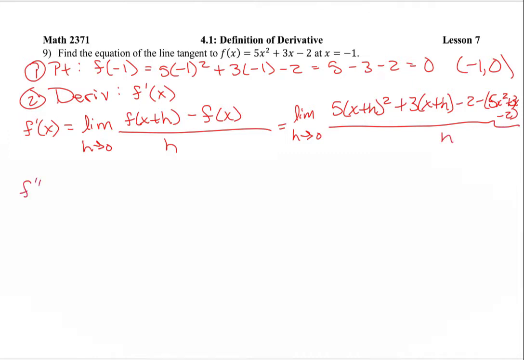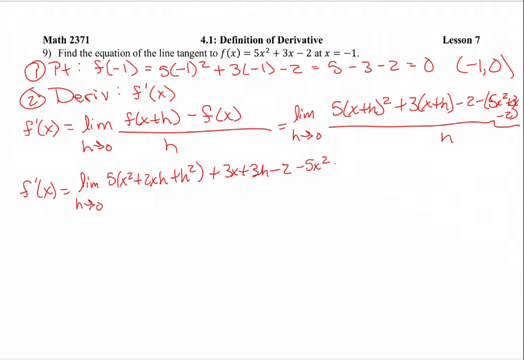So f prime of x equals the limit as h goes to 0 of 5 times (x squared plus 2xh plus h squared) plus 3x plus 3h minus 2 minus 5x squared minus 3x plus 2 all over h.